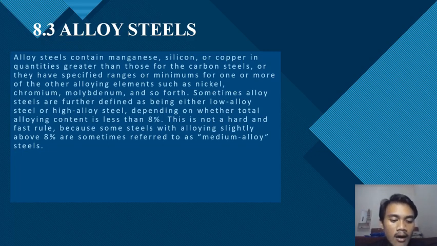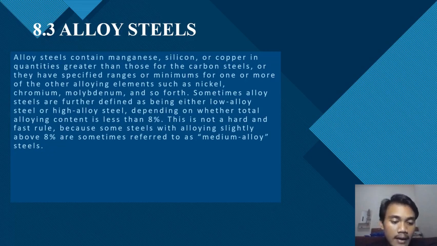This is not a hard and fast rule, because some steels with alloying slightly above 8% are sometimes referred to as medium alloy steel. And ultra high strength nickel steel.